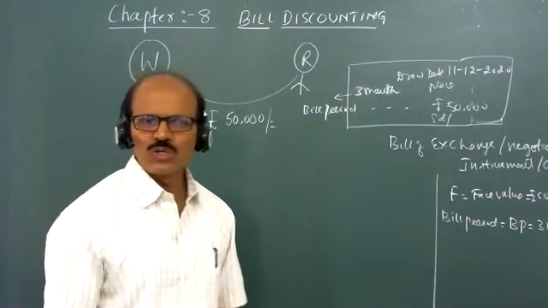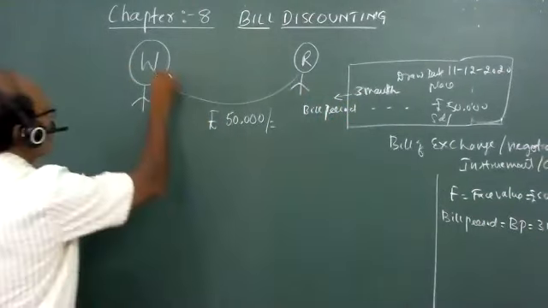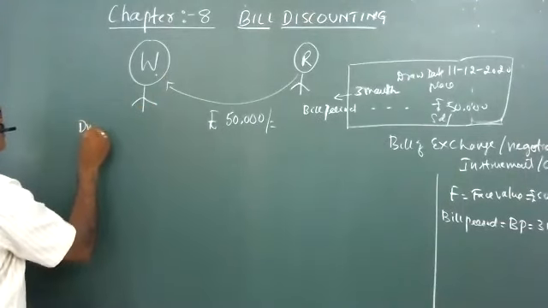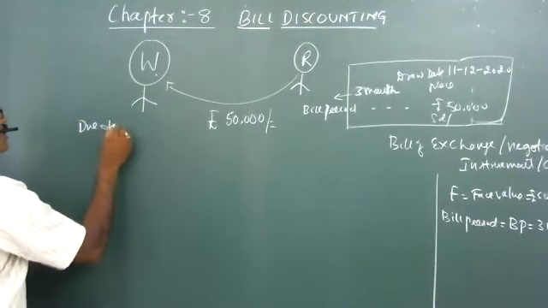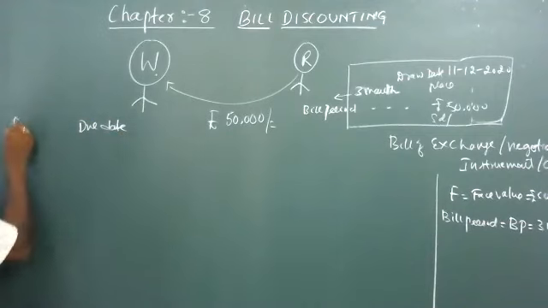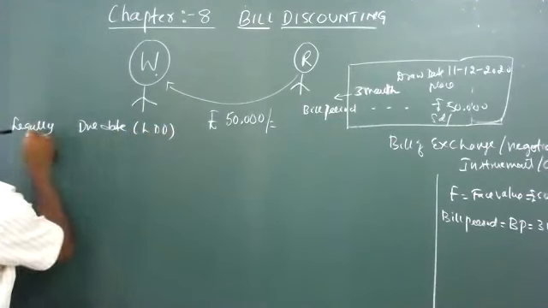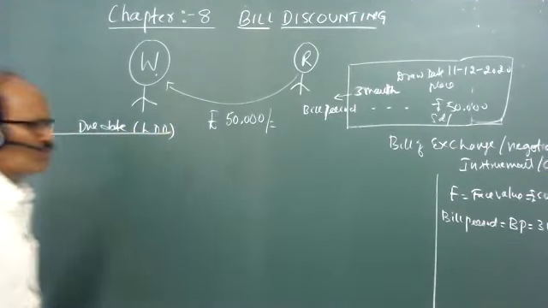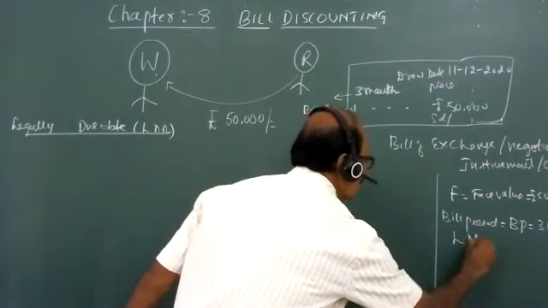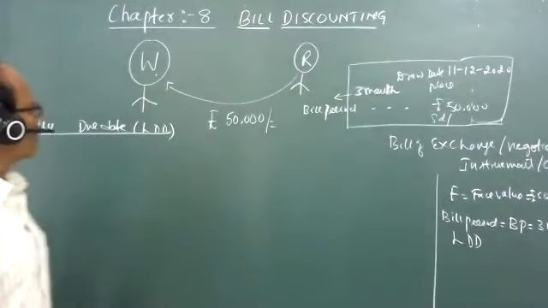When the bill falls due, the wholesaler gets the money. The bill's due date is called the legal due date, short form LDD. How to calculate it?